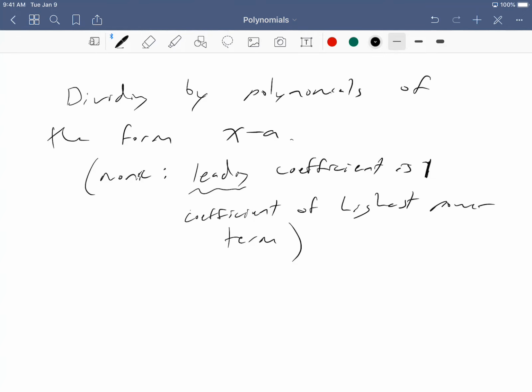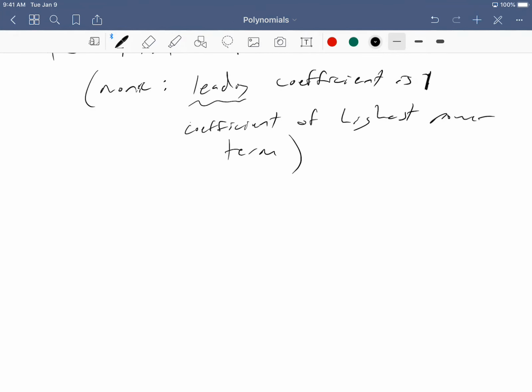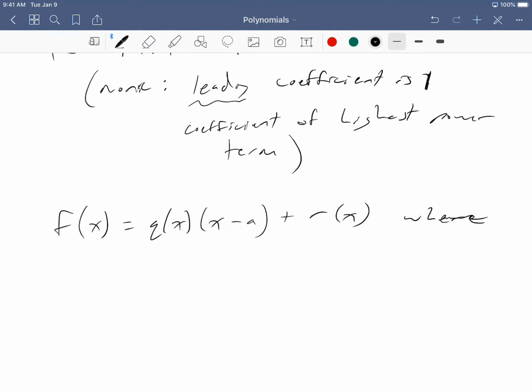So when we do that with the division algorithm, we have, given any f of x, if we're going to divide by x minus a, we know we can write f of x as q of x times x minus a plus r of x, where the degree of r of x is greater than or equal to 0, but less than the degree of x minus a, which is 1.